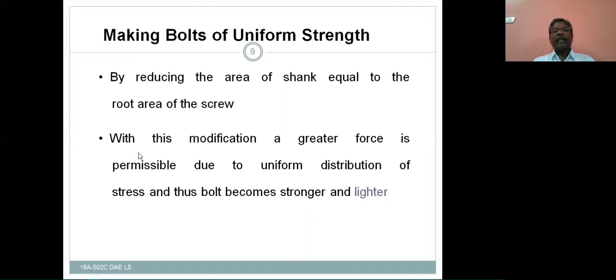So once again, with this modification, a greater force is permissible due to uniform distribution of stress, and thus the bolt becomes, number one, stronger, and as the material is removed at the shank part, it becomes lighter. So two benefits are there. One is that the bolt will become stronger, and it becomes lighter also because of removal of the material at the shank part.